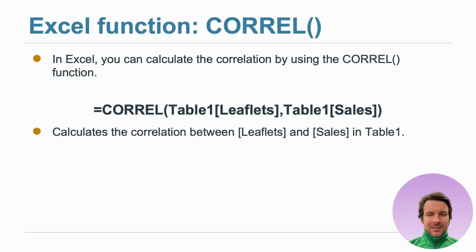In Excel, it's fairly easy. If you want to calculate a correlation, you say what are the two things for which you want to calculate. You have to say what is the xi, what is the yi, and it will do the formula for you. Right? Very lovely.